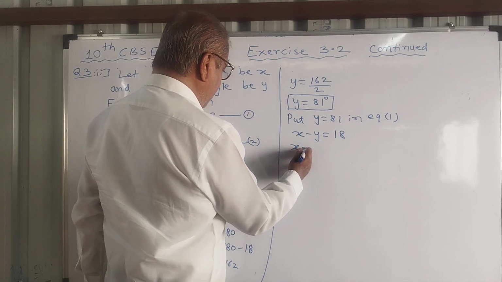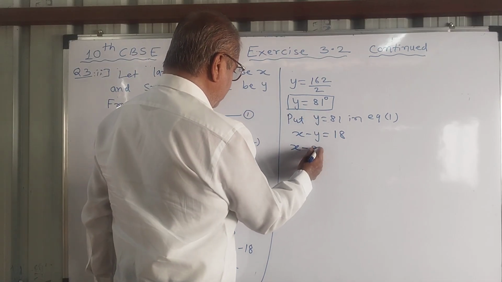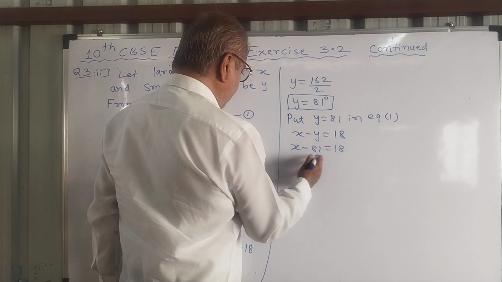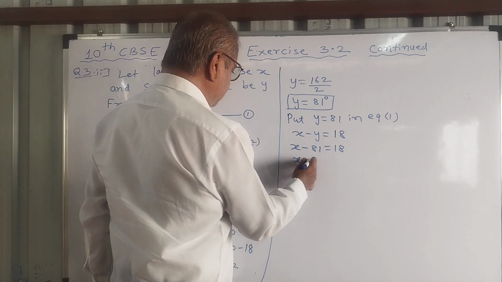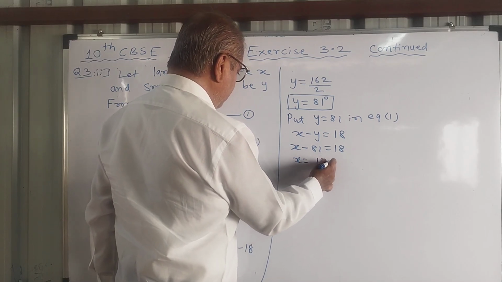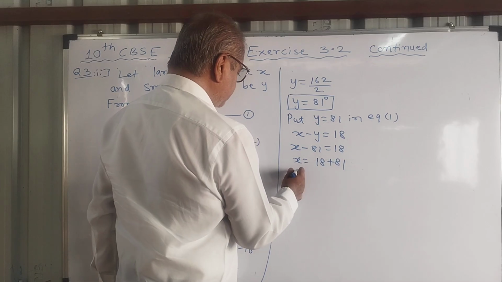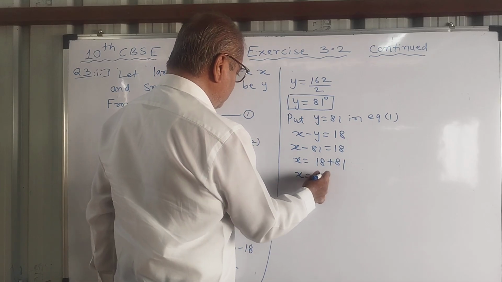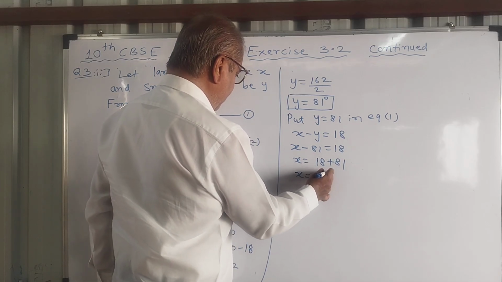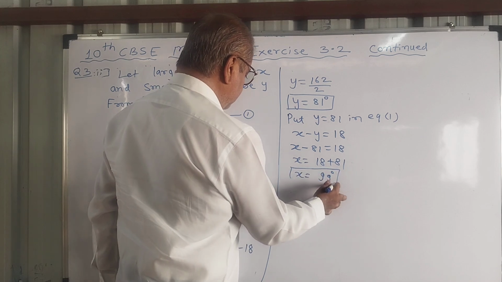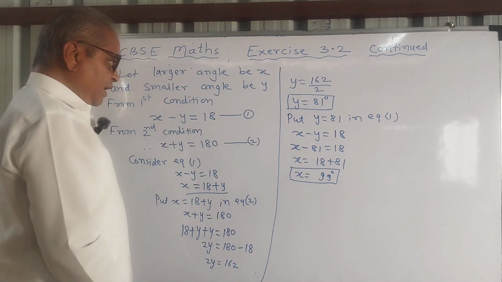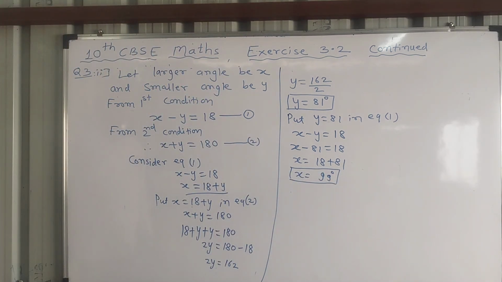So x minus 81 is equal to 18. So x is equal to 18 plus 81. So x is equal to 99 degrees. Now we have found the values of x and y by using the substitution method.